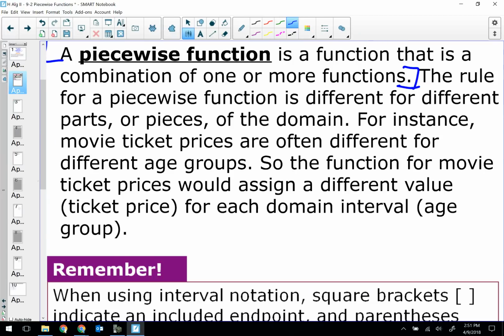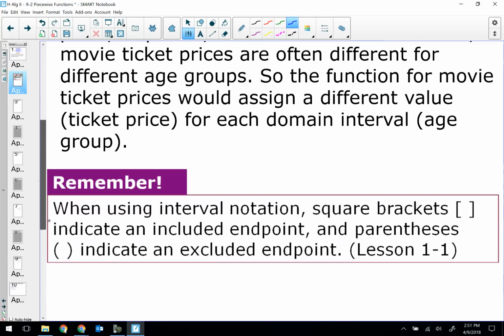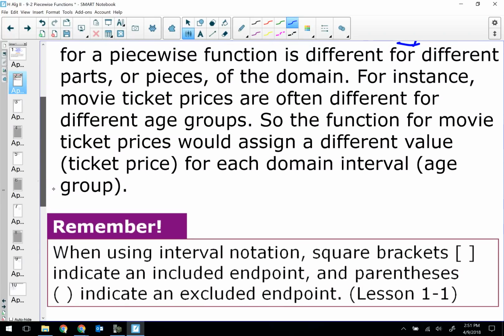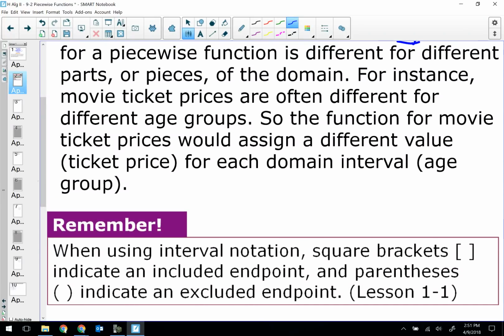If you're average age, then it costs this much. But once you get to a certain age, maybe you're a senior citizen, maybe they give you a discount, and it costs a little bit less. So each age group gets a different price. I thought there was a graph down there, but I guess there's not.